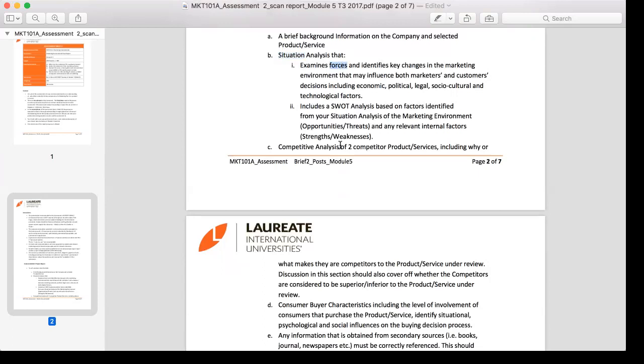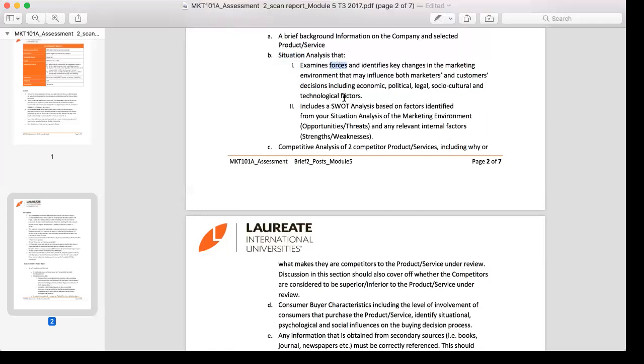In the first module presentation, you'll find a model named PEST or STEP, they're the same thing. You can use that model, or you can explain the 6 factors of macro environmental forces in your analysis. That is fine.